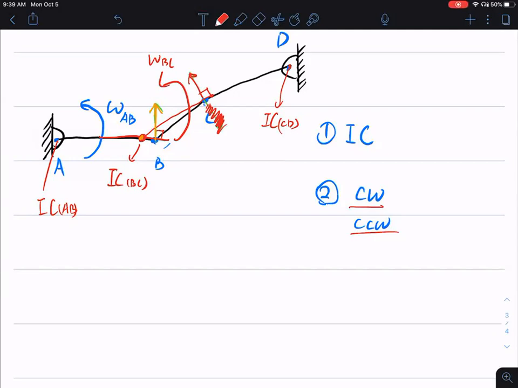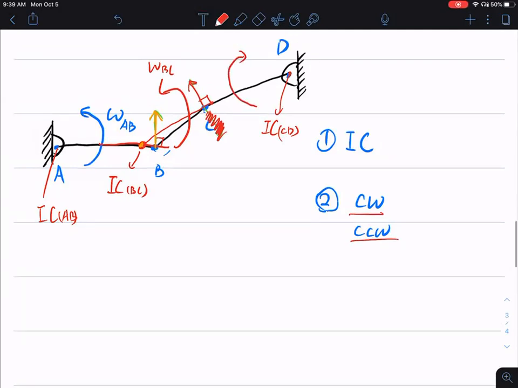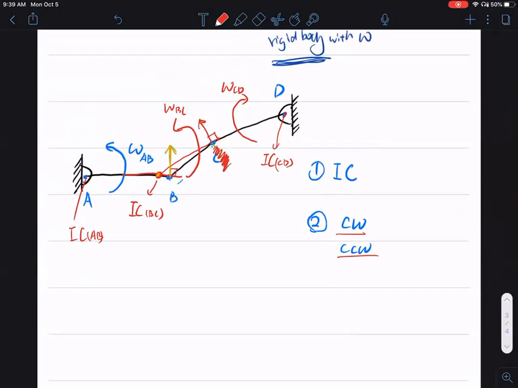Counterclockwise or clockwise? That's pretty obvious. CD can only go clockwise. All right, this is how we find instant center and how we use the instant center.